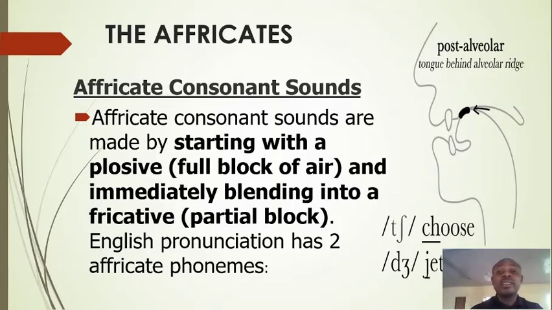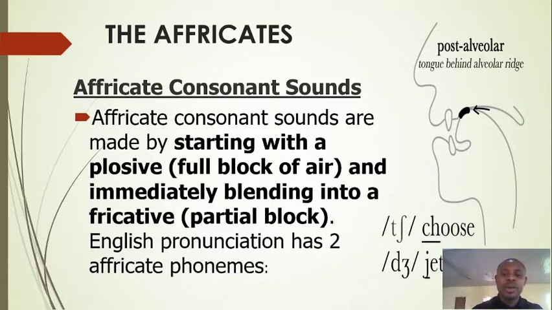Now, how do we pronounce this? We know that the affricate consonant sounds are made by starting with the plosive. What are plosives? We say plosives are sounds pronounced with total obstruction, total blockage of the air, while the fricatives, as I earlier said, have partial obstruction of the air. So when you bind them together, you have a kind of stop and release mechanism.